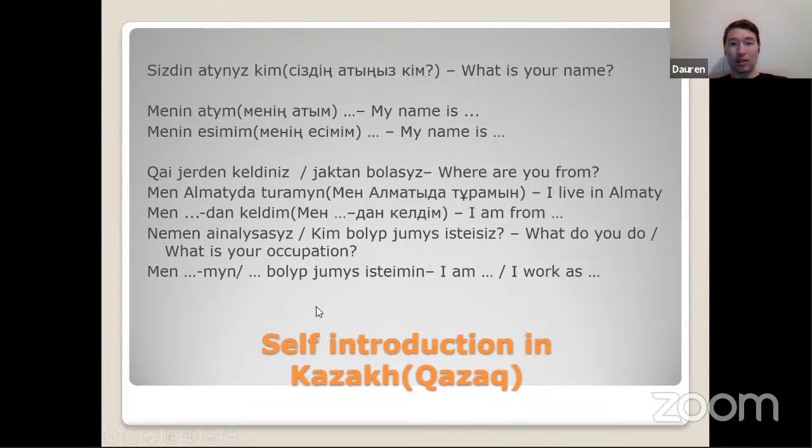So, who wants to try? The next will be like a big dialogue, so everyone will participate. So I just need who wants to try these words? We can make a dialogue with others. So for example, I can ask Said. Said, сіздің атыңыз кім? Менің атым Саид. Go. And сіз қай жерден келдіңіз?